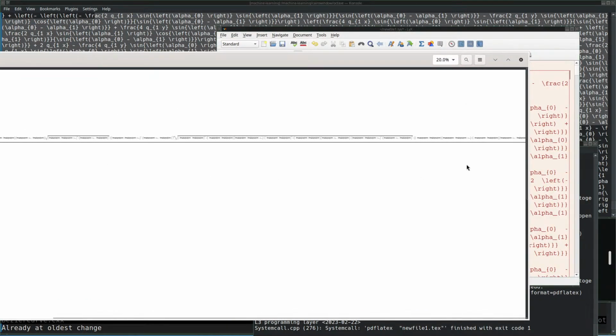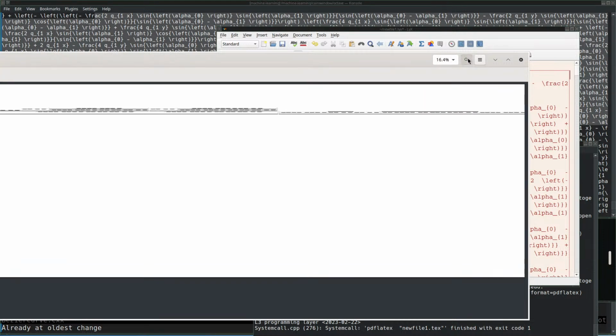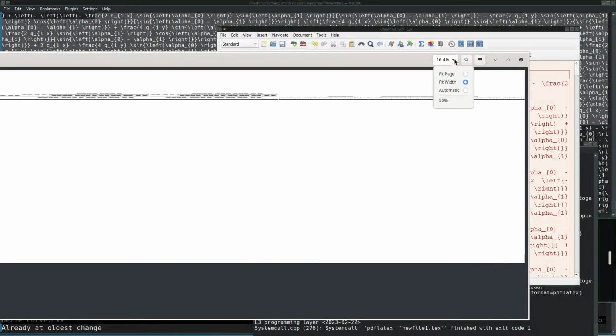I can't scroll further to that side. Oh, wait a minute. No, there's nothing to scroll here. That's why it fit width. Well, clearly it's still cut off, so that wasn't wide enough. It's also pretty unreadable. No zoom. Wait, I have a zoom here maybe. Yeah, that's going to help.